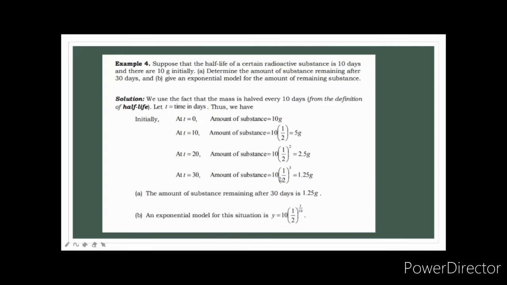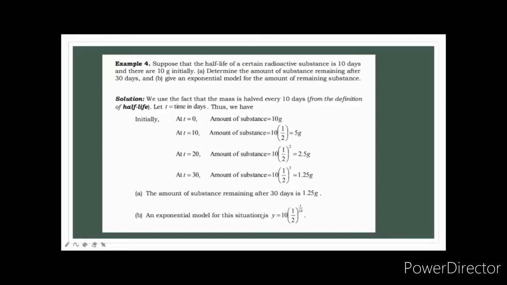That is equal to 1.25 grams. The amount of substance remaining after 30 days is 1.25 grams. Letter B. An exponential model for this situation is y equals 10 times 1/2 raised to t over 10.